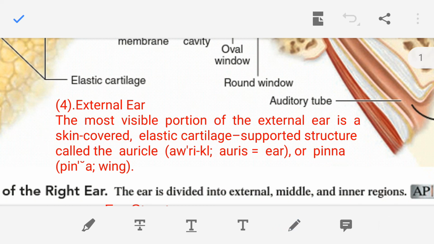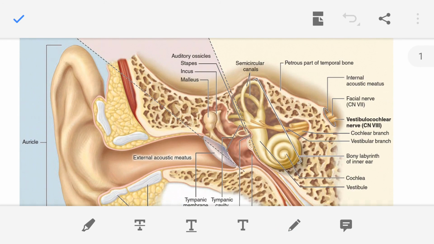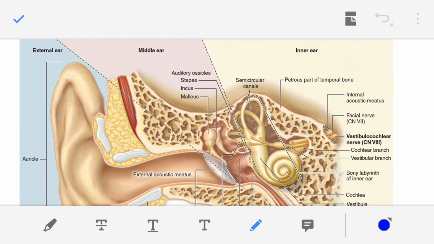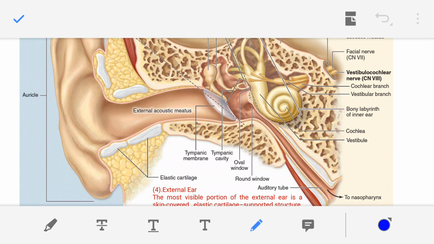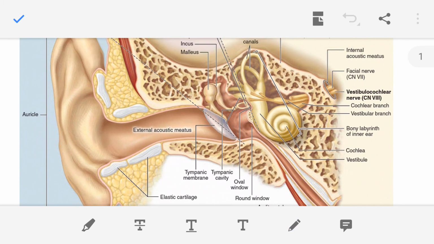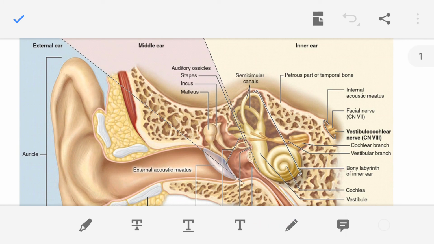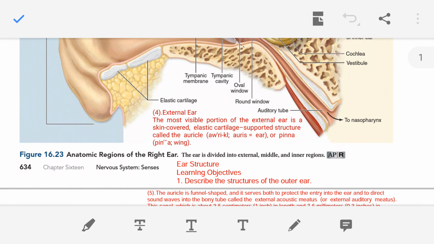So in the figure, let's see this. Here you can see this is the auricle or the pinna. They are showing this one, this is the auricle or the pinna, and this pinna is made up of elastic cartilage.